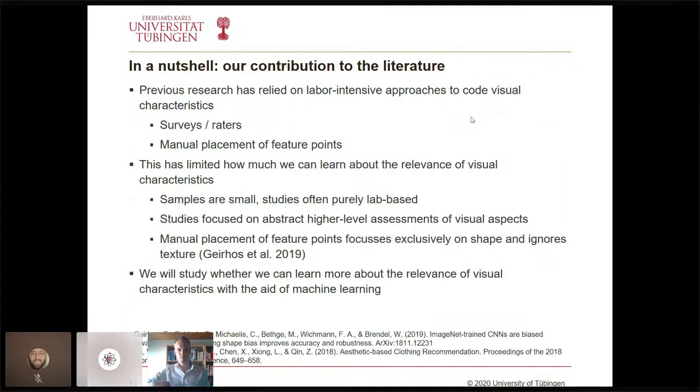For example, is something nice or attractive?